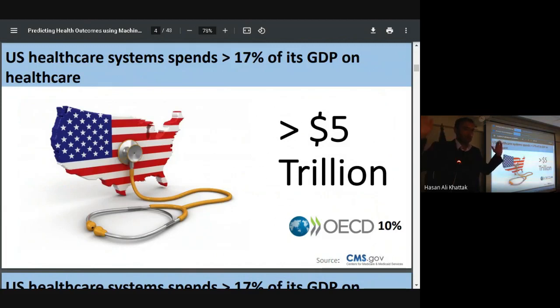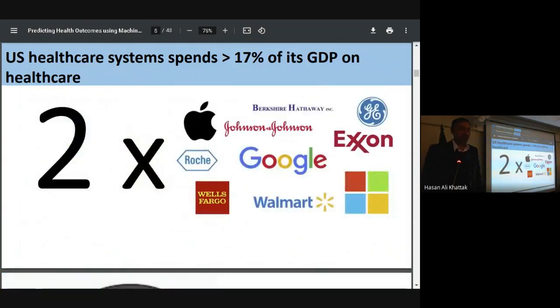Just to clarify more, the magnitude of this 5 trillion is more than 2 times the value of big giants like Apple. Now Apple yesterday reached 3 trillion, and then Johnson & Johnson, Exxon, Google, Walmart. So the healthcare spending per year has a value double the total value of these big companies.